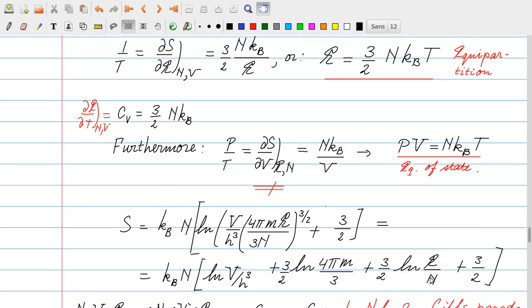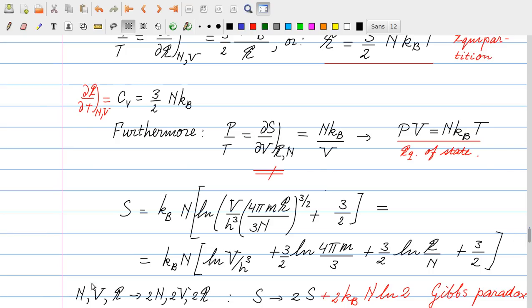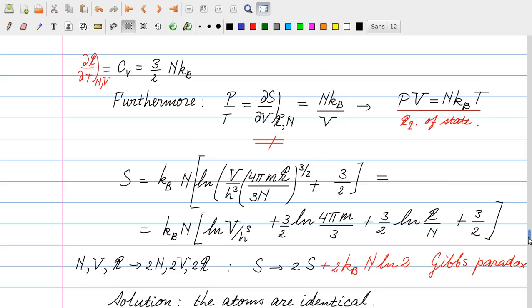So imagine E and N are multiplied by 2, then of course the fraction doesn't change. And so we see, however, that this term gives you a contribution in that case. So in particular, if we go from N, V, E to 2N, 2V, 2E, S should go to 2S. But if I do the math for this expression, it turns out that if I scale up all these, I do not only get 2S, but I get an additional contribution, 2 k_B N ln 2. And this is known as the Gibbs paradox.